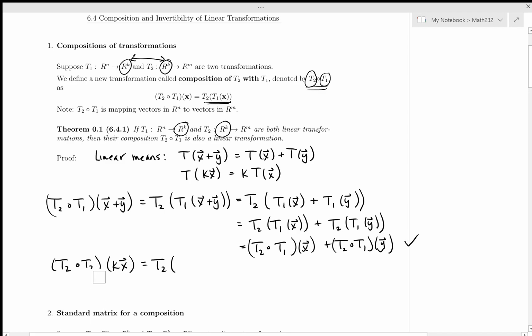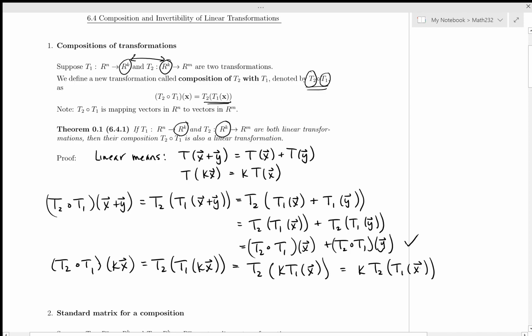Let's get it correct. We're going to compose T2 with T1 of kx, and then that will be T2 of k times T1 of x. That's by the linearity of T1, and then that's equal to k times T2 of T1 of x.